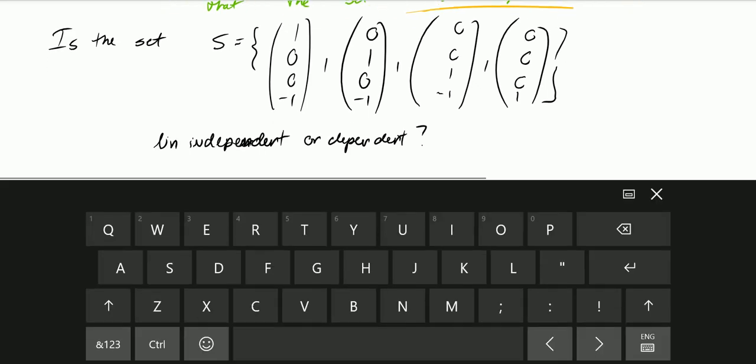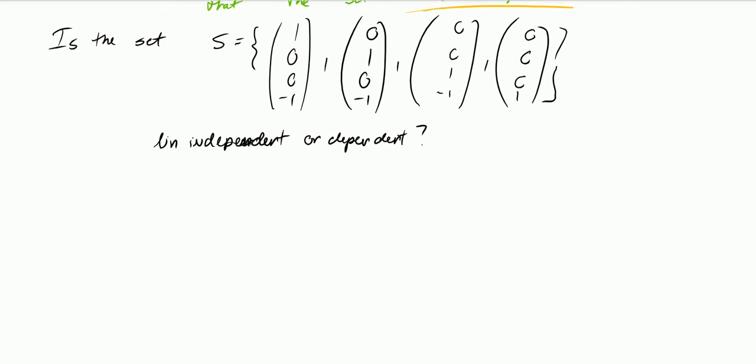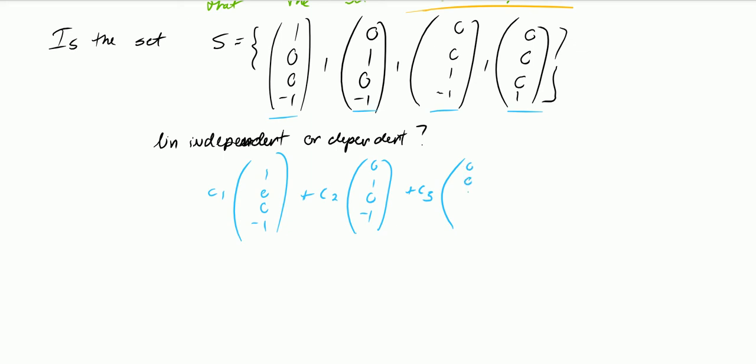So what I mean by that is I take my 4 vectors here, and I want to find 4 scalars. So I want to find C1 times (0, 0, -1), plus C2 times (0, 1, 0, -1), plus C3 times (0, 0, 1, -1), plus C4 times (0, 0, 0, 1), is equal to the 0 vector, which in this case is (0, 0, 0, 0).